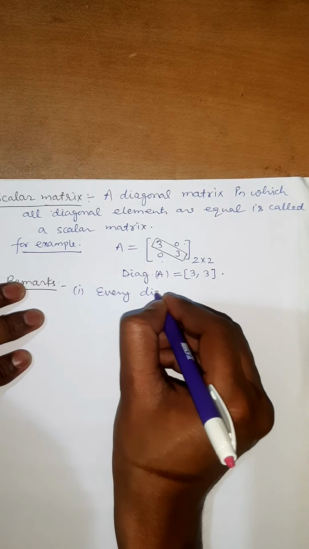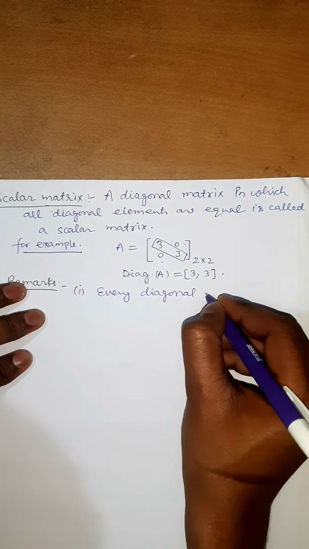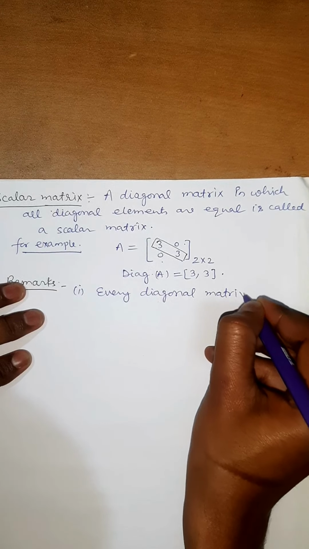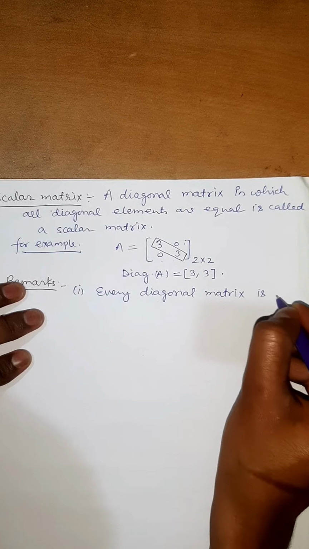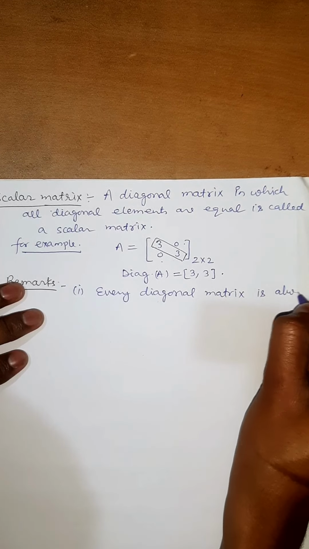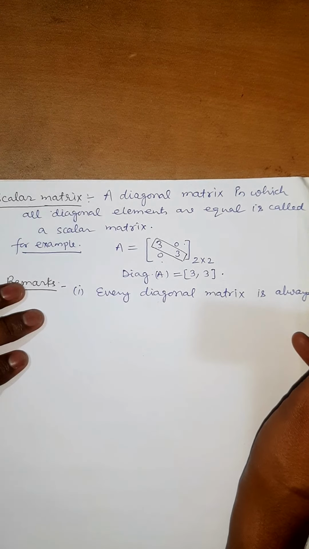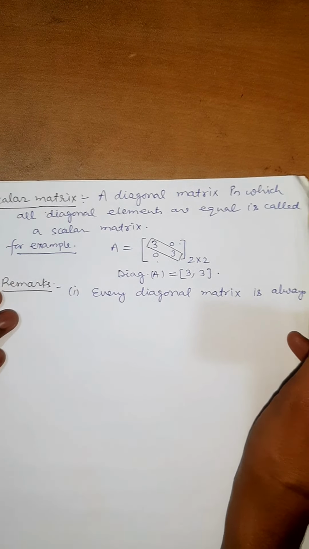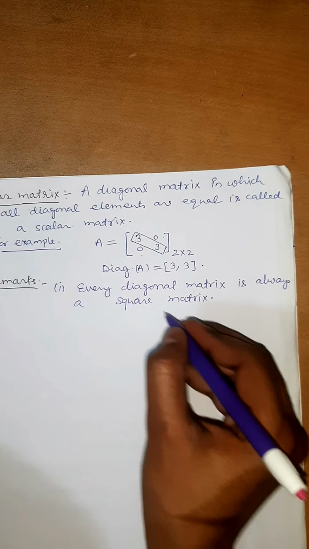Every diagonal matrix is always a square matrix. स्क्वायर मैट्रिक्स मीन्स एक ऐसा मैट्रिक्स जिसके अंदर नंबर ऑफ रो और नंबर ऑफ कॉलम बराबर होते हैं.